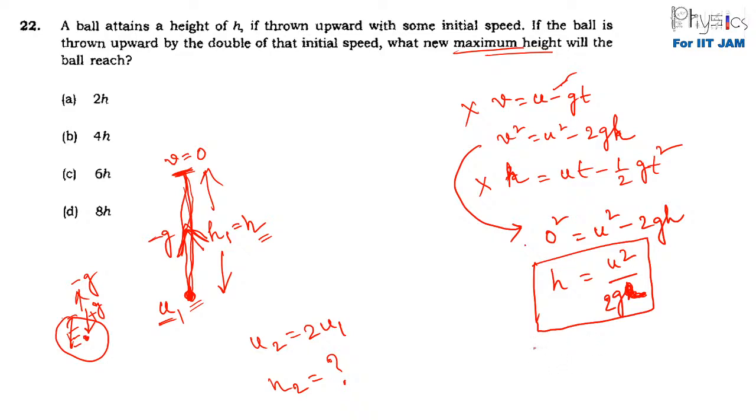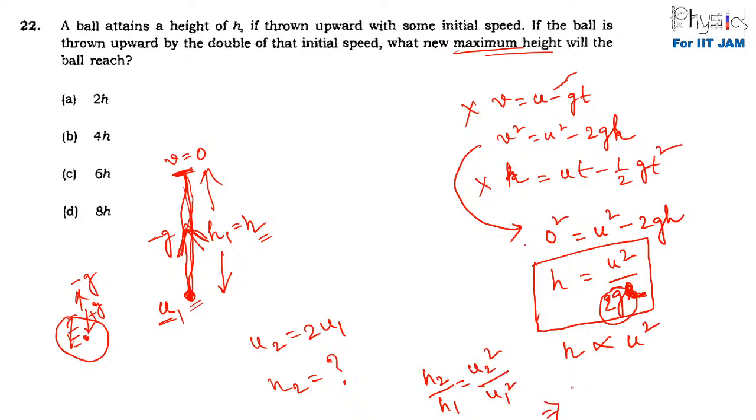So if I use this formula, then we have H proportional to U square, right? Since 2G is constant, G is constant for a certain place, so 2G is constant, that means H is proportional to U square. Then H2 by H1 equal U2 square by U1 square, right?